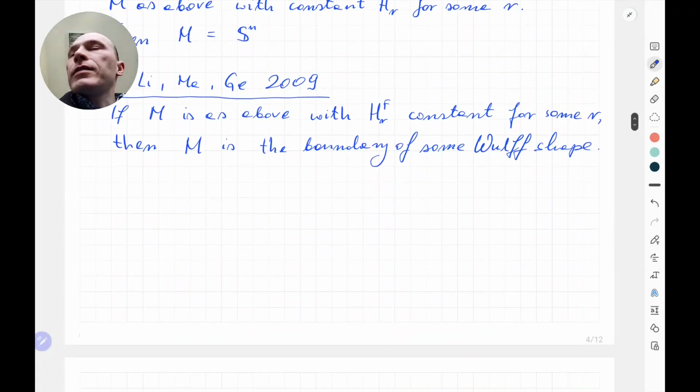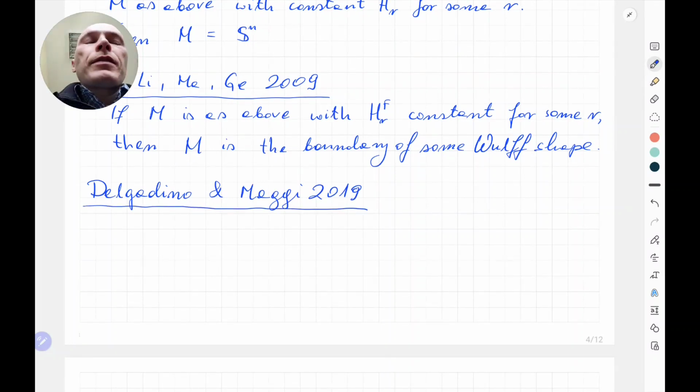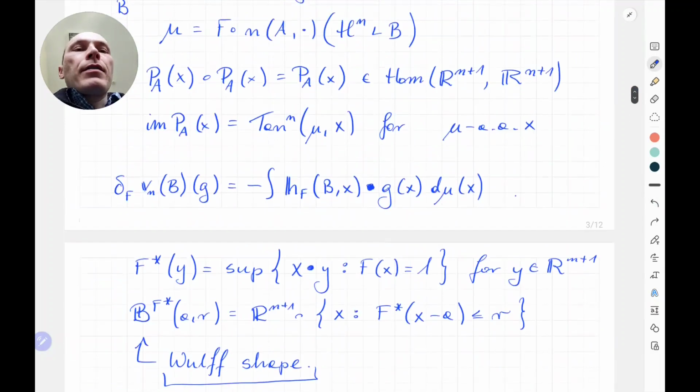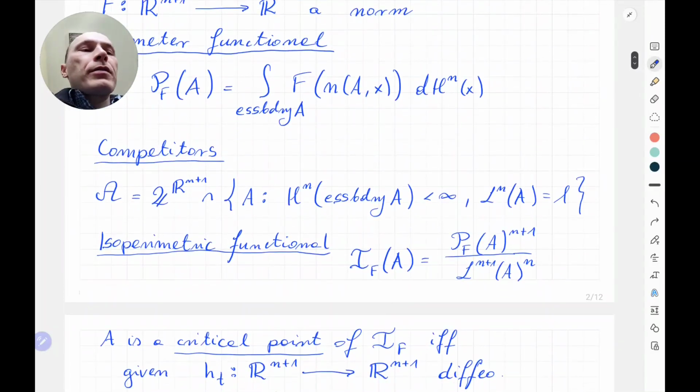And quite recently, Delgadino and Maggi proved that they were able to reduce the assumptions on M. So recall that in general, our class of competitors contains all Caccioppoli sets with globally bounded, finite boundary measure.